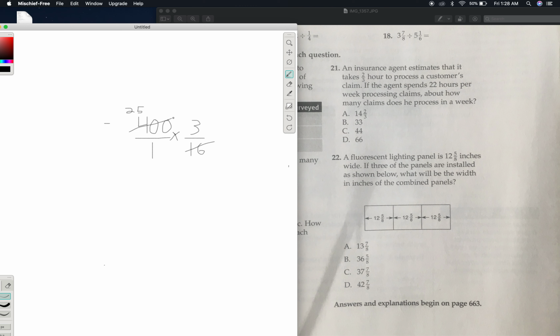Anytime that it's this actual number that goes into the larger number evenly, this would become a 1.